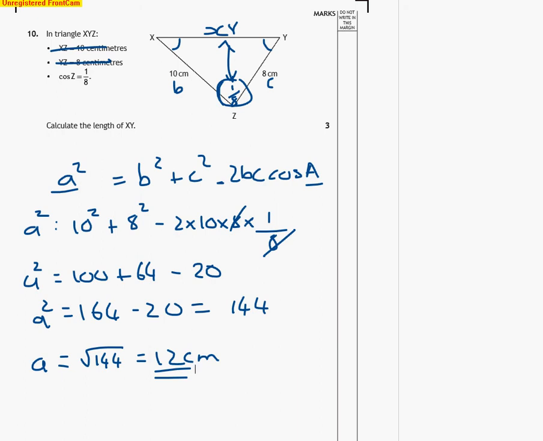So let's just check the marking scheme. What does it say? You're getting a mark for your substitution. So at this point, you're getting a mark. The next mark you're getting is at 144, and then the next mark is 12 centimeters. So there's not a lot to that really.